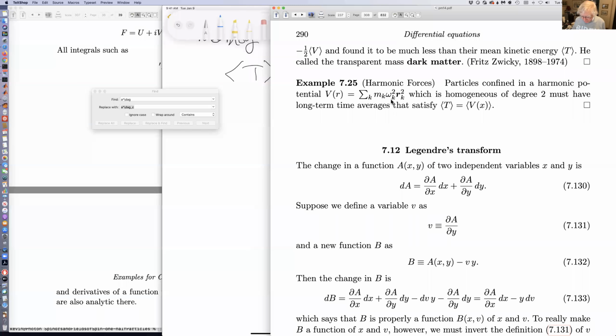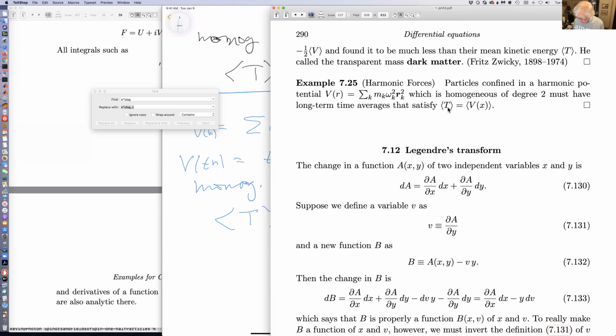If we have V equal to a sum of masses times omega squared times r_k squared, then V of tr is, of course, t squared V of r. So this is homogeneous of degree 2.